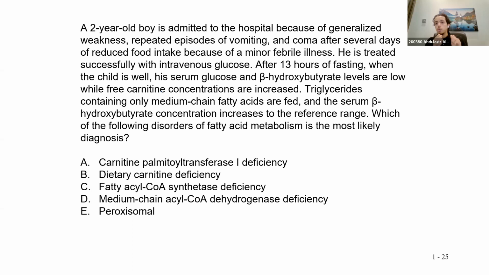So if you don't have carnitine, you can't degrade long chains. So if your diet consists of medium chain, you can still use it. You don't need carnitine. However, long chain, if you have a CPT1 deficiency, you're not able to utilize them. So you're going to have low ketone bodies. Okay, and also here we see free carnitine concentrations are increased.